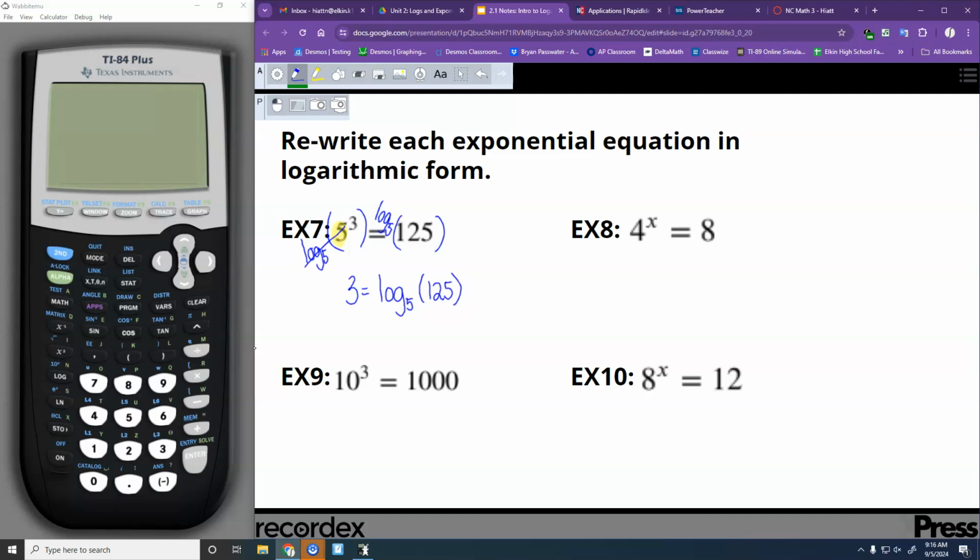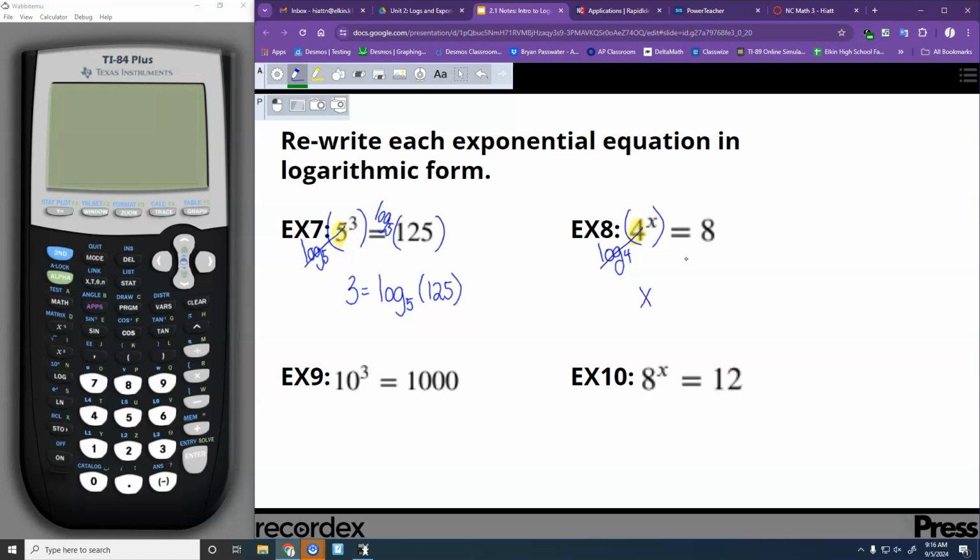All right, Alex, what do you think about number 8? Okay, let's put our computers down. We don't need our computers right now. If we want to get rid of that 4, how do we get rid of that 4? Okay, that is the base of our exponent, right? The inverse of exponential is the log. So we are going to do a log with a base of 4 on this side. It will cancel out the 4.